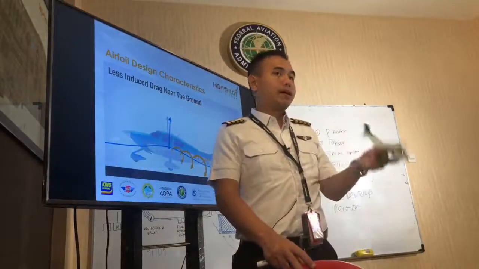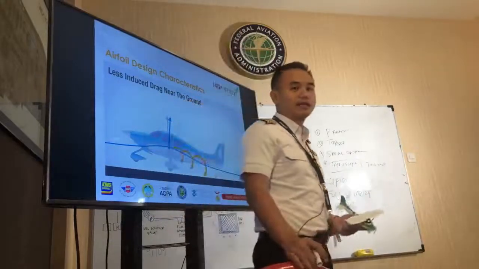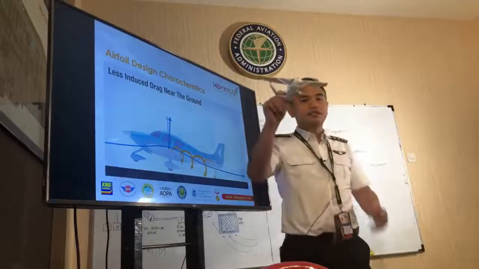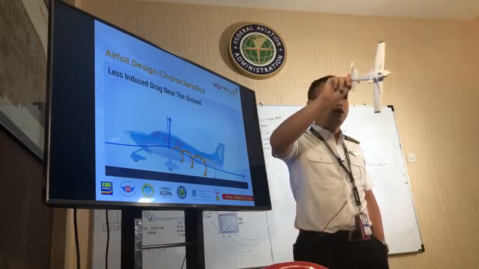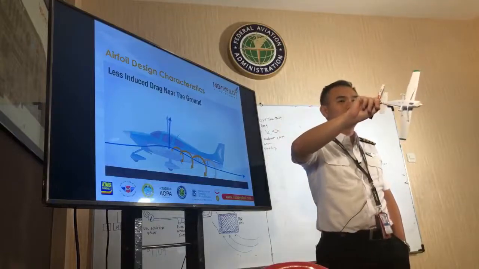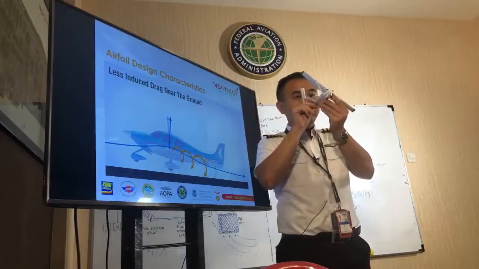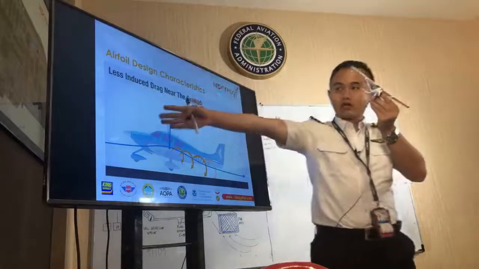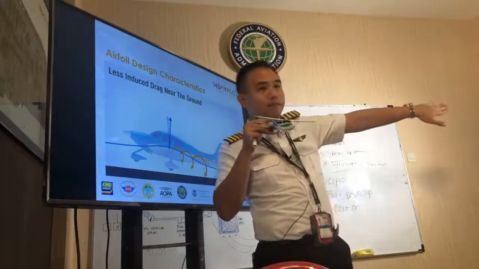Then the other one is the overbanking tendency. What is the overbanking tendency? When your airplane is turning to the left, it will tend to turn even more. Why? When you fly to the left, the right aileron goes down and the left aileron goes up.